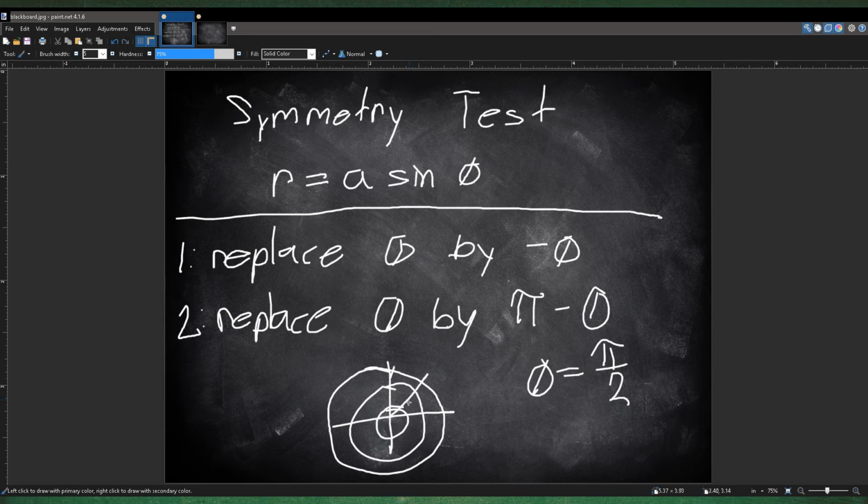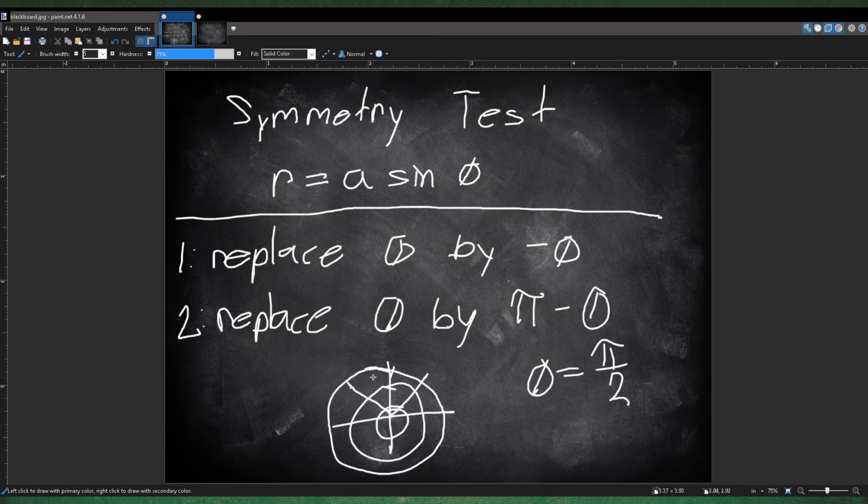So we have an equation like this, right? Then if a sine of pi minus theta is the same thing as a sine of theta, then this graph would be reflected across pi over 2, and it's symmetric.